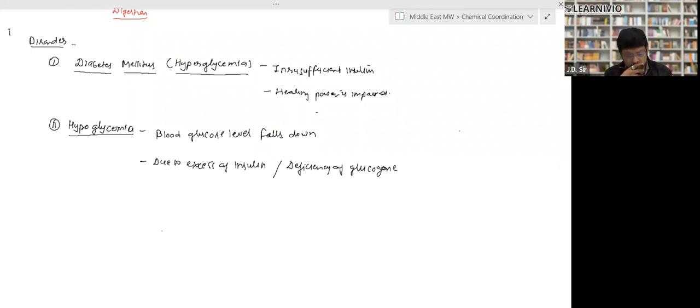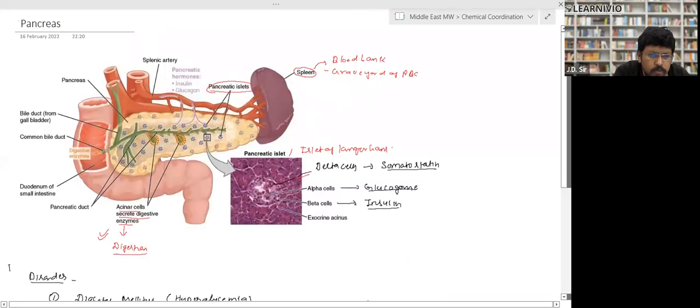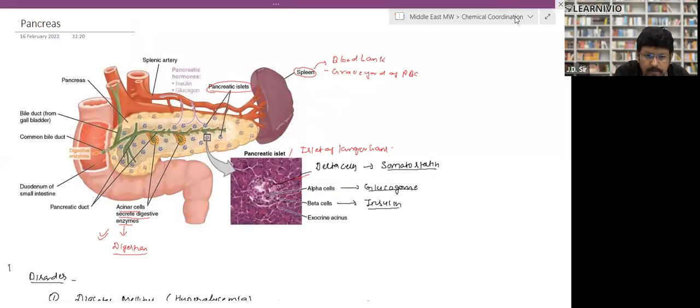It leads to weakness and profuse sweating. Right? So this was all about the pancreas. Okay.